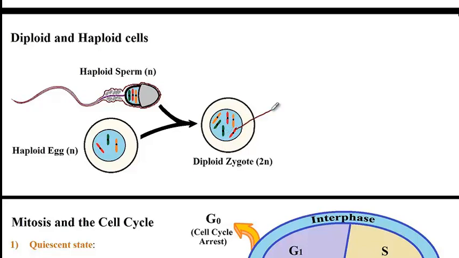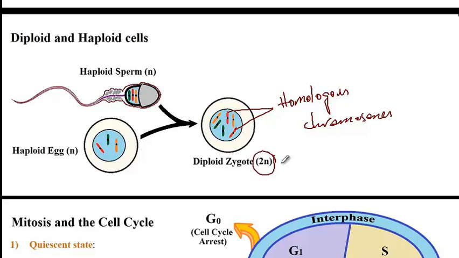So these two red ones, for instance, are homologous chromosomes. And since there are two copies of each chromosome, these are called diploid cells or 2N. These diploid cells can replicate by mitosis in order to yield more diploid cells, which are also 2N.